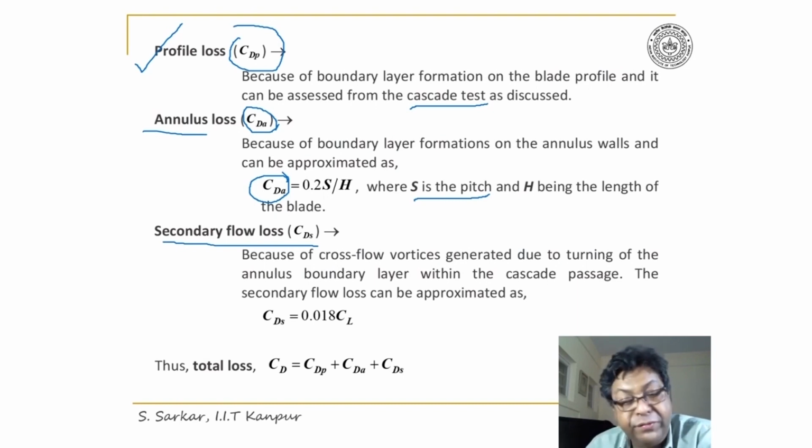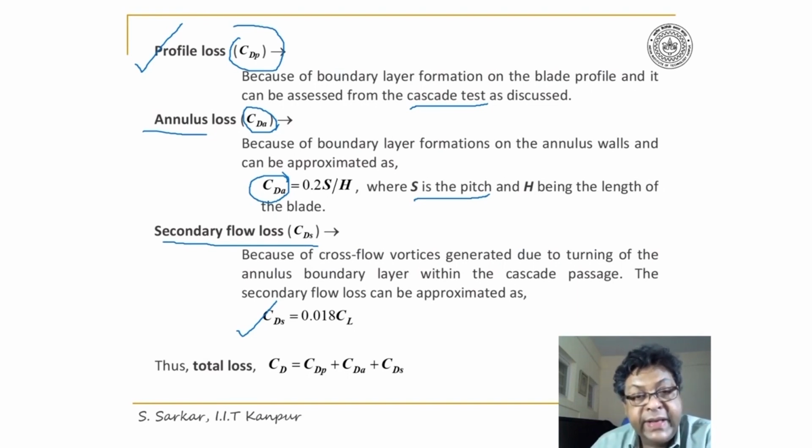And the other one is the secondary flow loss. This is because of formation of secondary vortices, as I have explained earlier, within the blade passage because of the end-wall boundary layer. And this secondary flow loss can be correlated as 0.018 into CL.